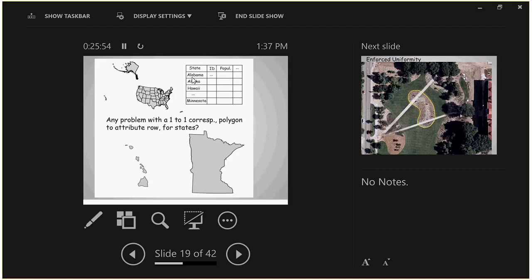You can have multiple polygons that are considered one feature, one row in an attribute table. Well, the area is an attribute, but the polygon data is what's stored.